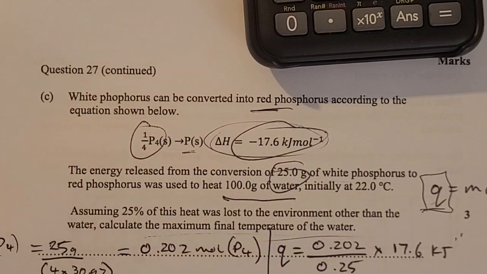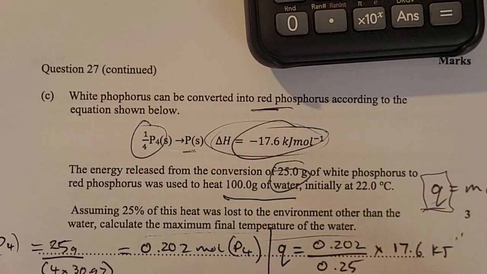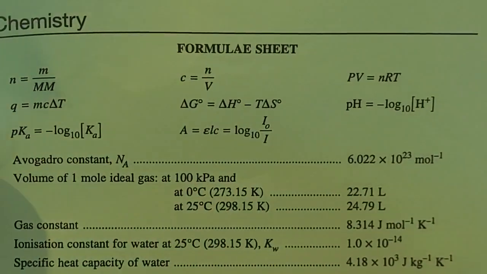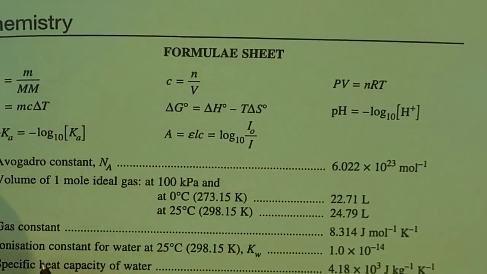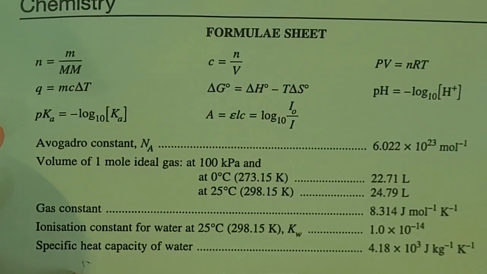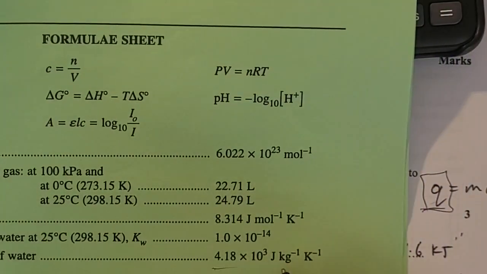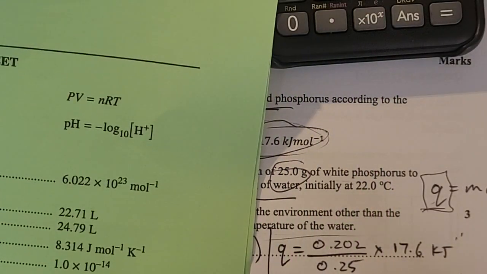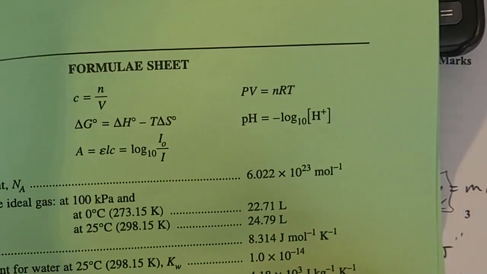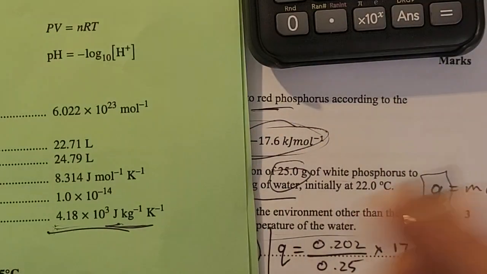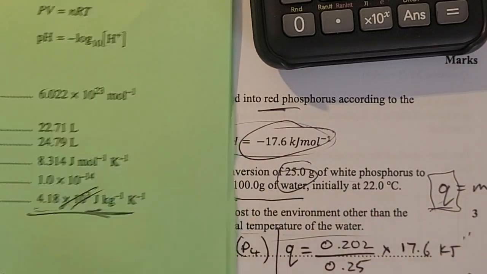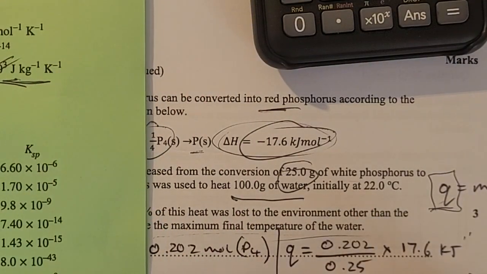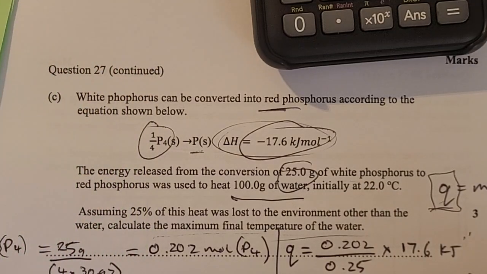Just be careful because this is in grams, and the specific heat capacity of water is per kilogram. So we only want the 4.18. We'll just find delta T, then sort out the rest later.